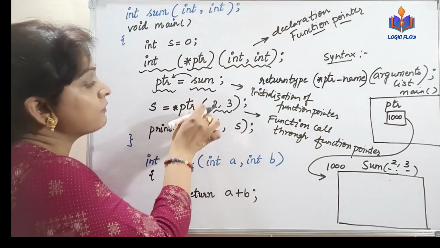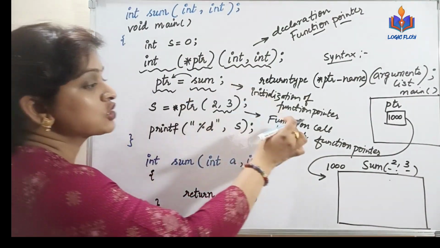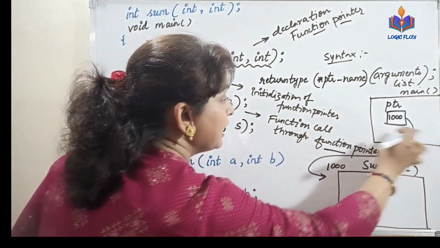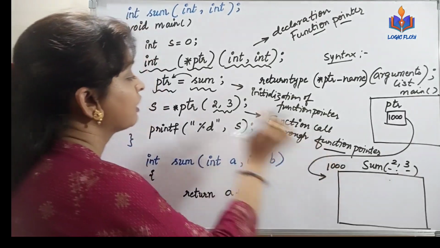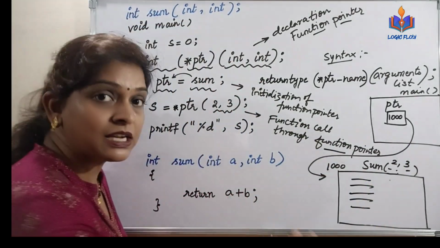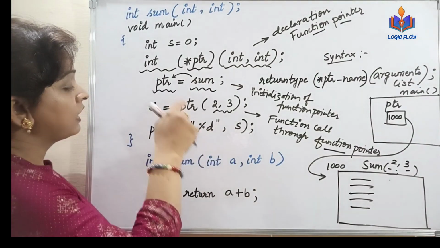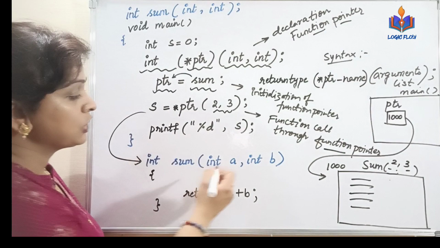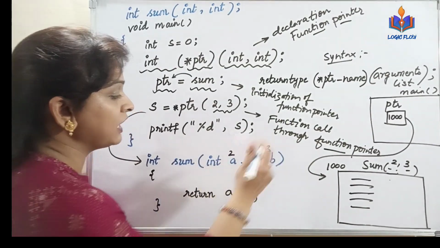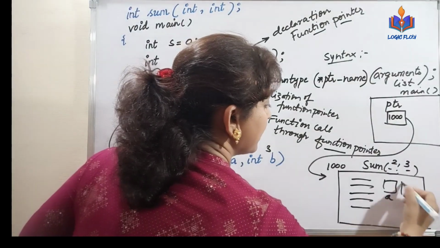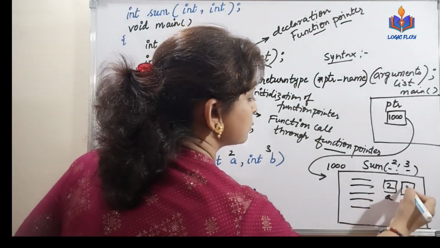So immediately when the compiler encounters this function call through the function pointer, it gets dereferenced to that location with the values, then the statements in the sum function get executed. Now the control goes to this sum function. Here I get 2 and 3. As local variables of the sum function, we have the values a and b, here 2 and 3.